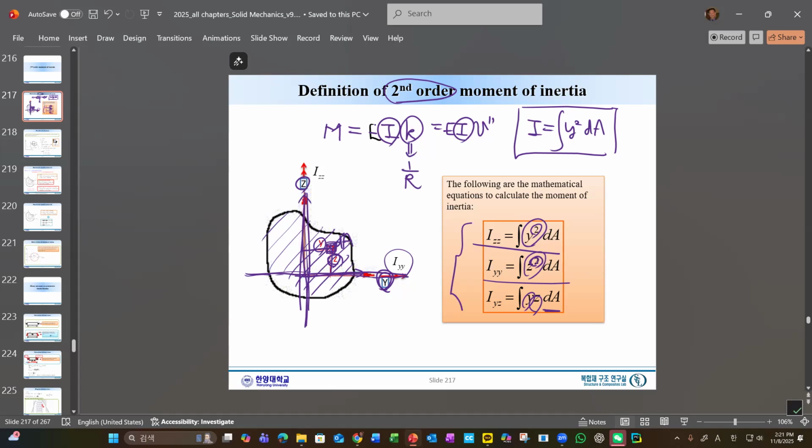Well, this is just a mathematical expression and definition, but this mathematical definition has a very important physical meaning.